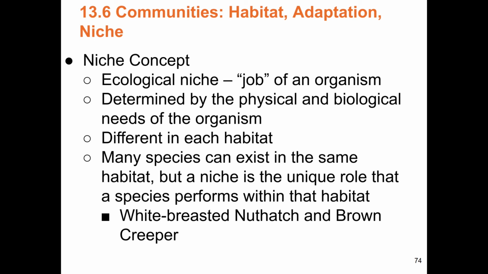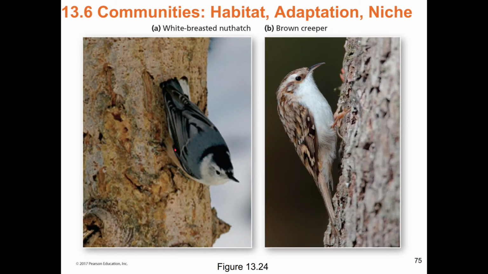So let's talk about the white-breasted nuthatch and the brown creeper. As an example, those are two species that exist in the same habitat, but they have different niches. The white-breasted nuthatch can actually go up and down the tree, but the brown creeper just goes up. So they see different bugs and eat them. The white-breasted nuthatch is going to see the bugs as it goes down the tree.